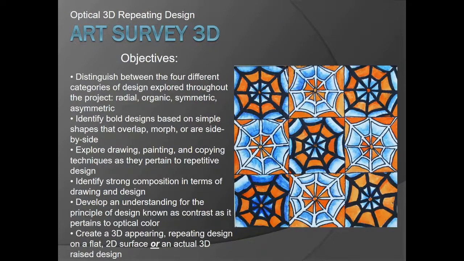Our objectives in this project are to distinguish between the 4 different categories of design that we explored through the project. So you should know the difference between radial, organic, symmetric, and asymmetric design.